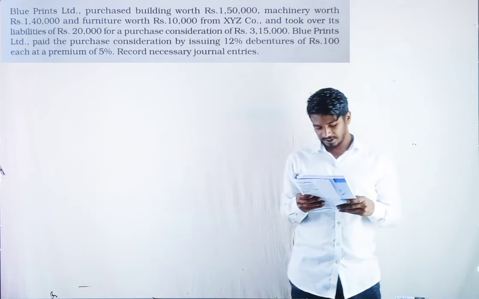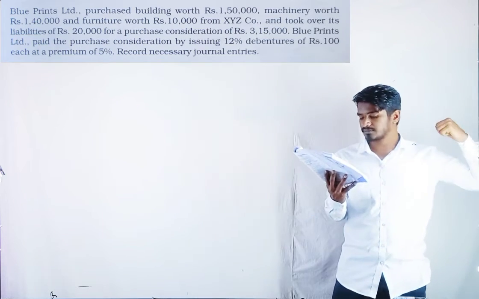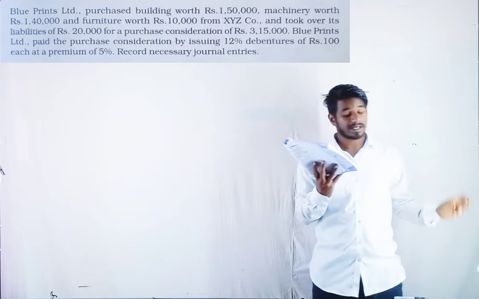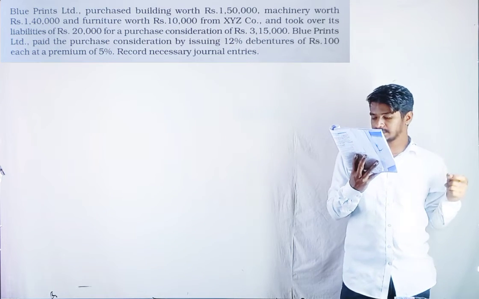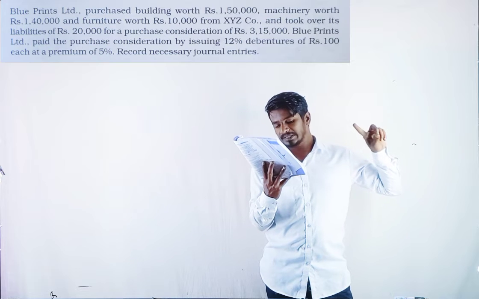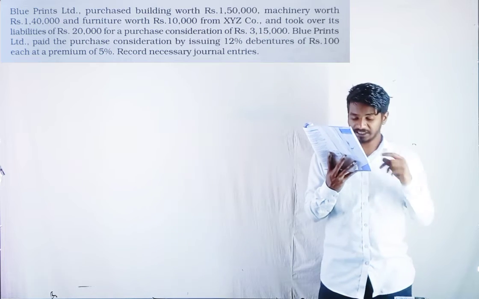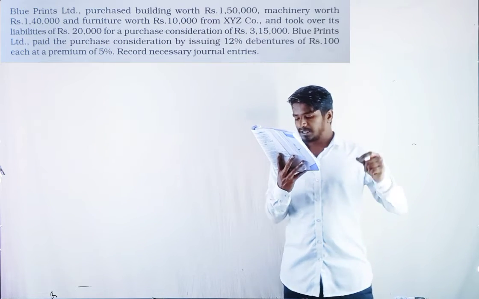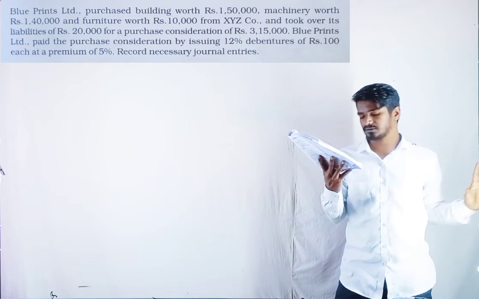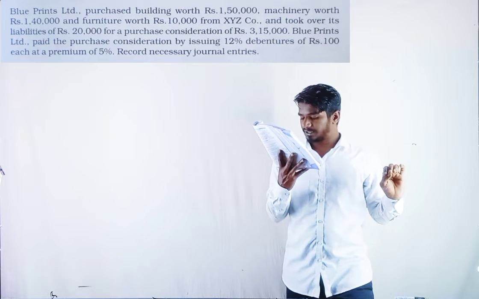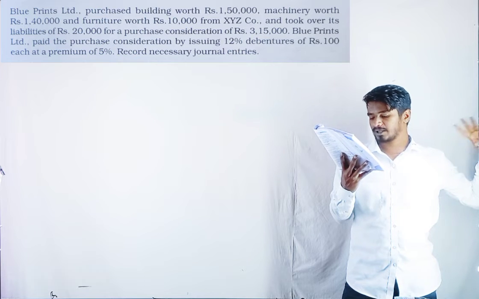Blueprints Limited purchased a building worth 1,50,000, machinery 1,40,000 and furniture worth 10,000 from XYZ Limited, and took over its liability of 20,000 for a purchase consideration of rupees 3,15,000. Blueprints Limited paid the purchase consideration by issuing 12% debentures of rupees 100 each at a premium of 5%.